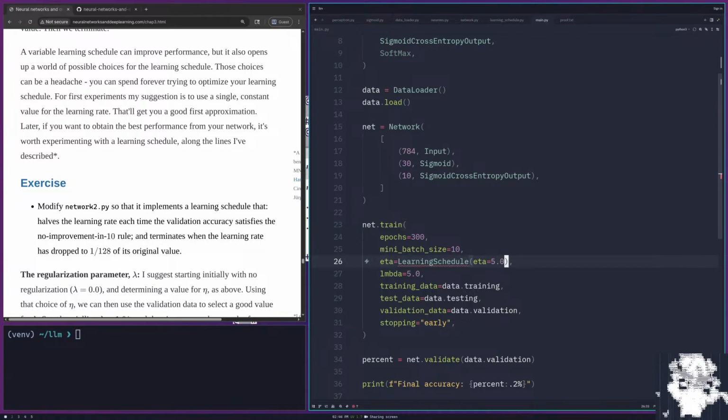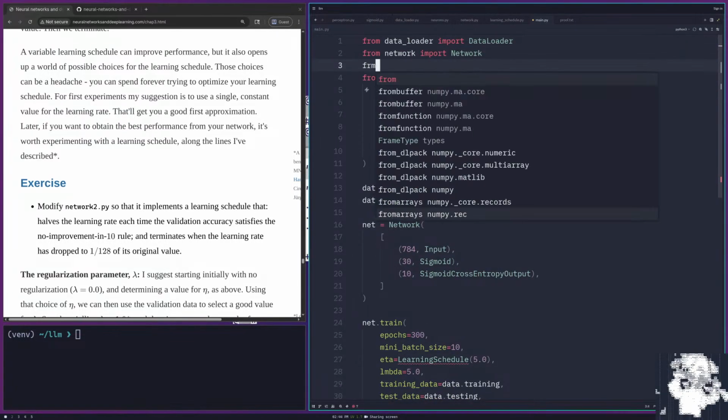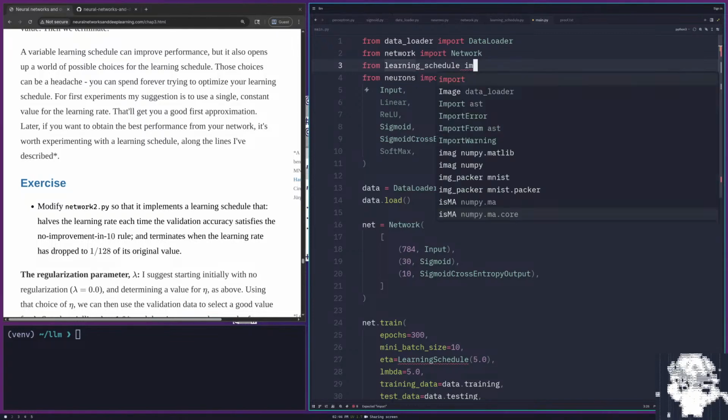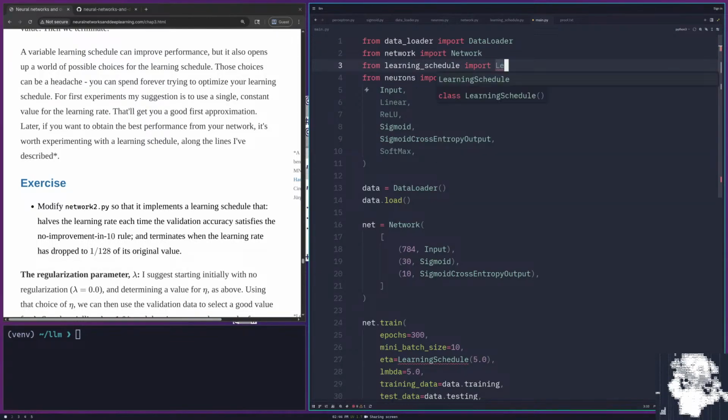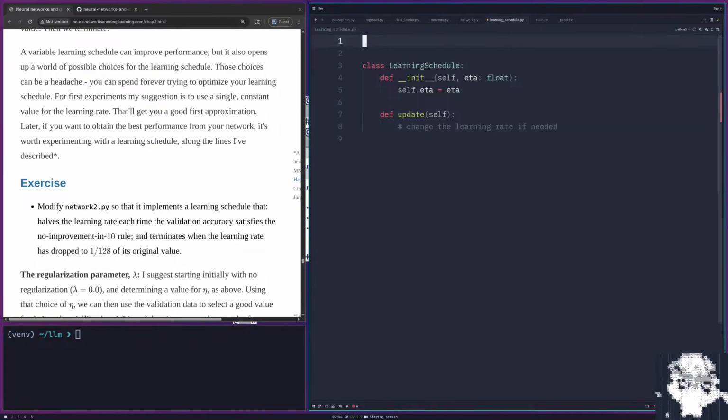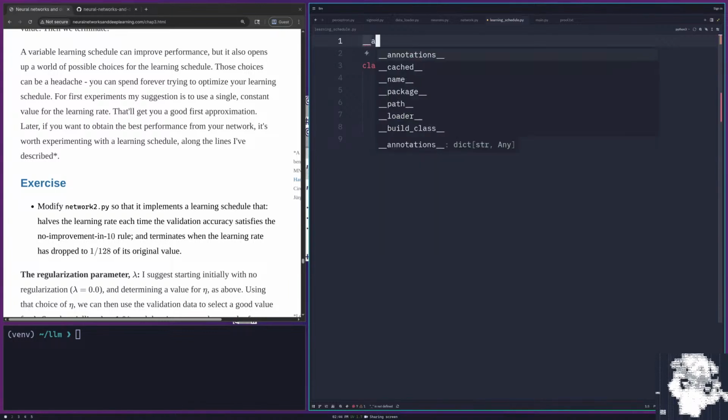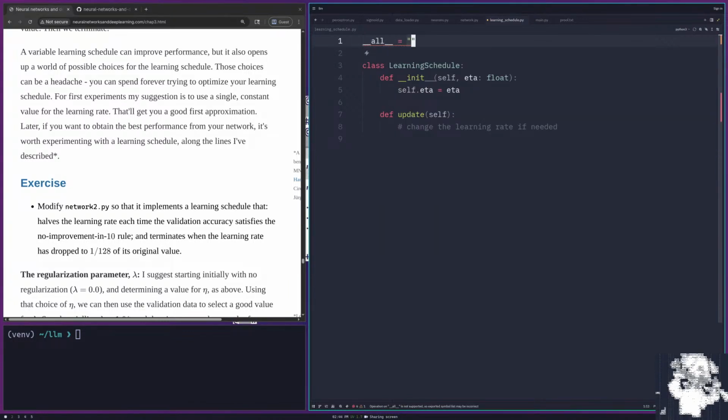Maybe it should be 5.0. So from learning schedule, import learning schedule. We'll export learning schedule. This isn't enforced by Python, but it's enforced by certain tools like TAC.